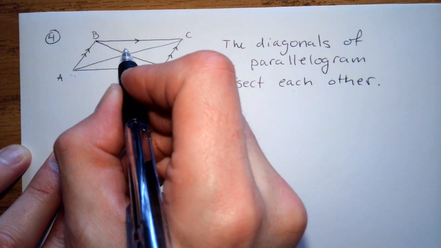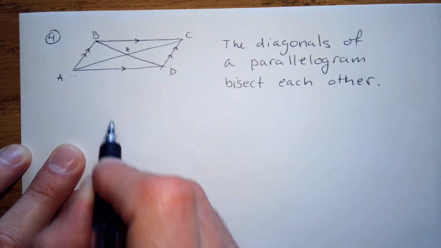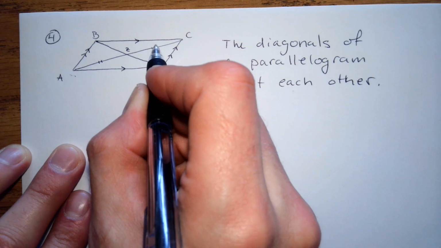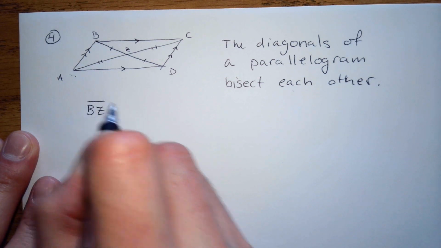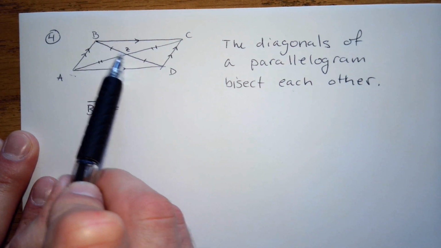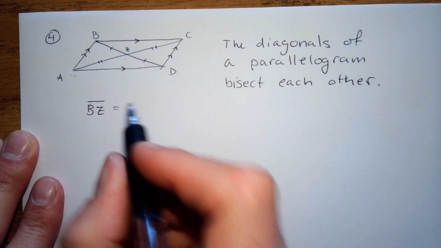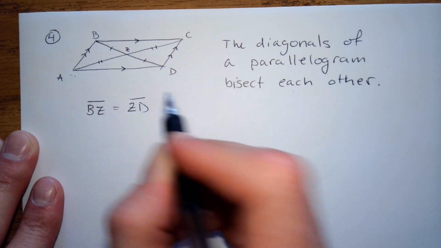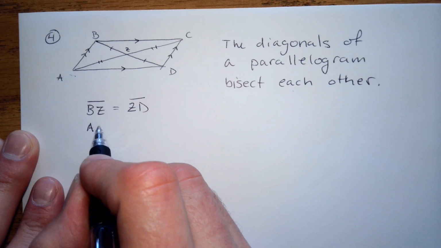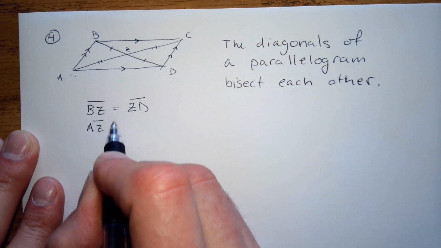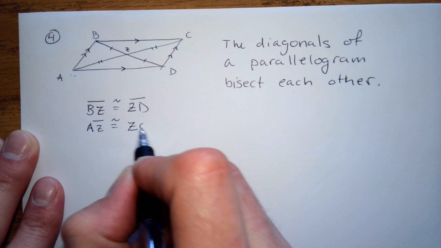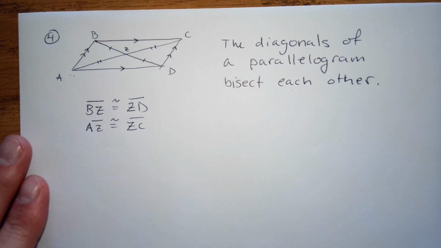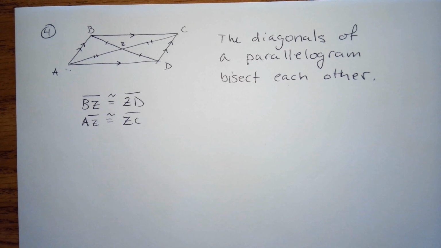However, if I call this middle point Z, then BZ, that's this, BZ, is congruent to ZD. And AZ, whoops, not equal, congruent, ZC. Hopefully that's straightforward. We can now get to the examples.